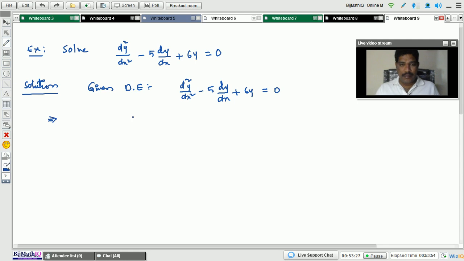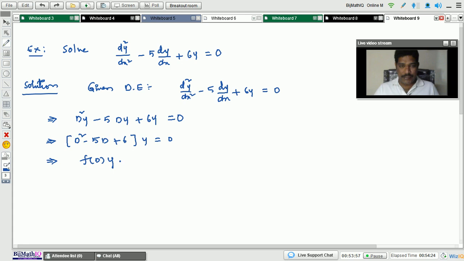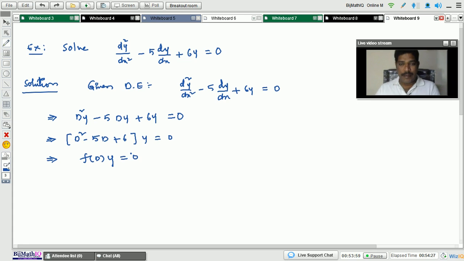Next, writing the operator form: capital D square into y minus 5 into capital D y plus 6 into y equals 0. Taking y common, you will get D square minus 5D plus 6 into y equals 0. In symbol form, this is f of D into y equals 0.